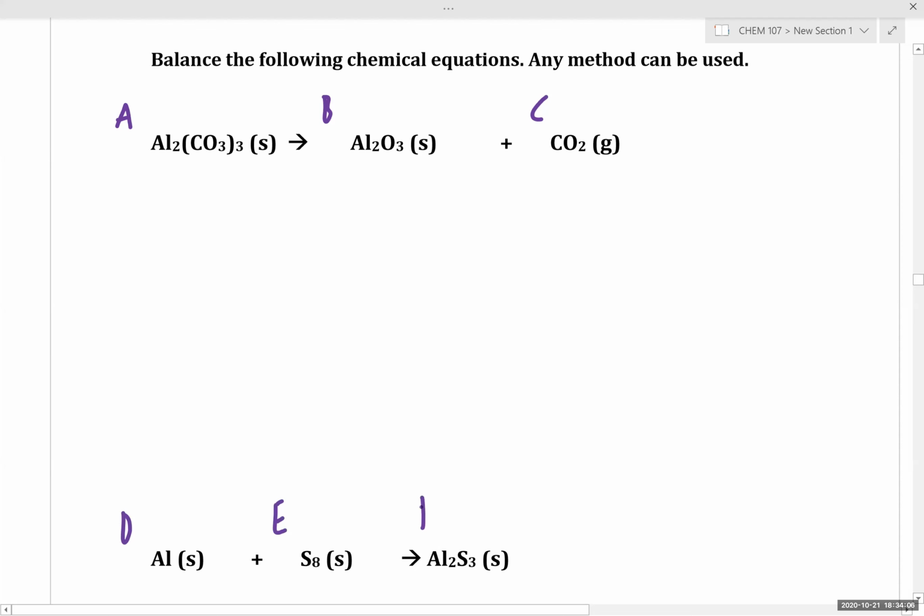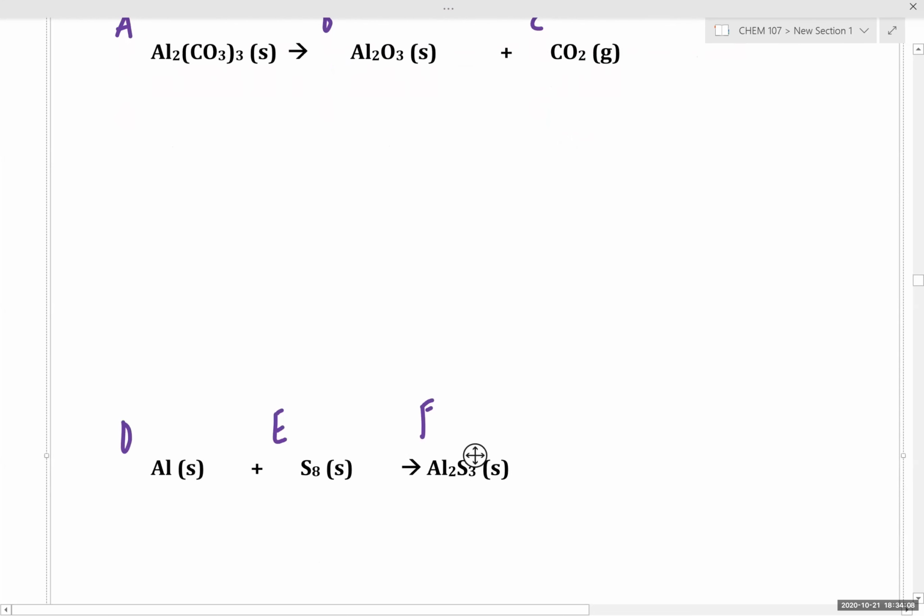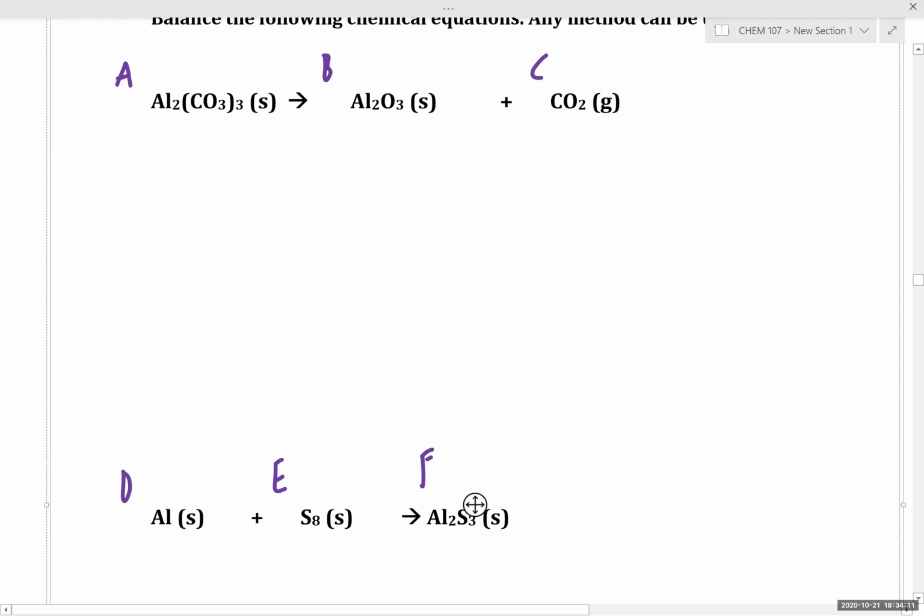And I'd like you to share your proposal for the reaction coefficients in the chat for each of these two examples. And I'll give everyone about 5 to 6 minutes to work on these two examples. And I'd be happy to answer any questions and convey any student responses that I see to the broader class. And we'll discuss these examples in about 6 minutes.